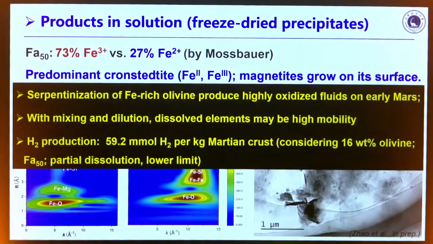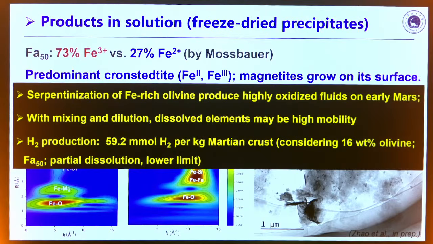So what that means is that if you have iron-rich olivine undergoing serpentinization, you will produce a solution with a high concentration of iron, magnesium, and silicon, and you don't necessarily see altered olivine with a high abundance of serpentine mixed in with it. Those solutions can be very highly mobile, and they contribute Fe3+ to the aqueous system on the Martian surface.